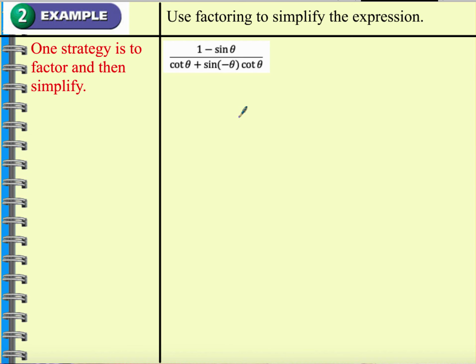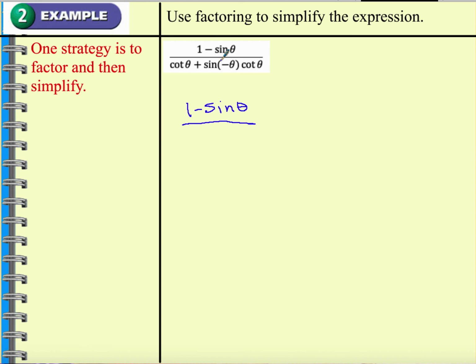Looking at this, my numerator doesn't have much for me to factor, so I'm just going to keep that the same, 1 minus sine theta. And then down below, I see this sine of negative theta. This is one of our even and odd identities.